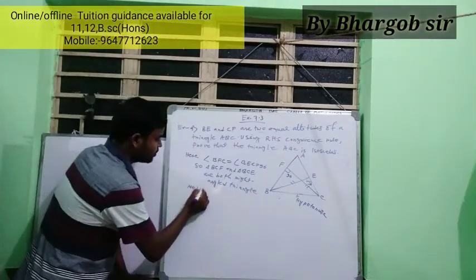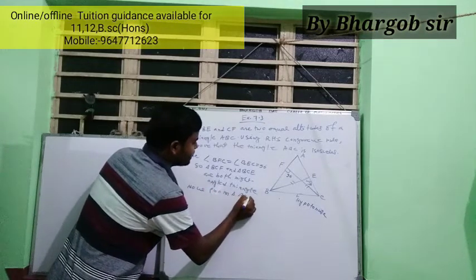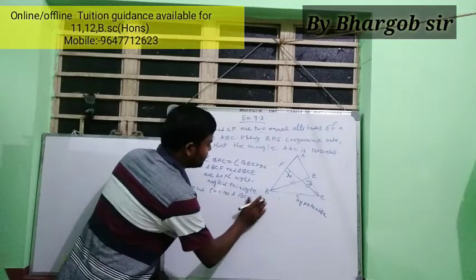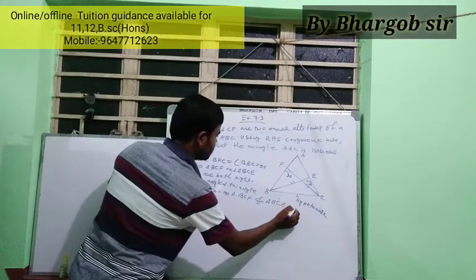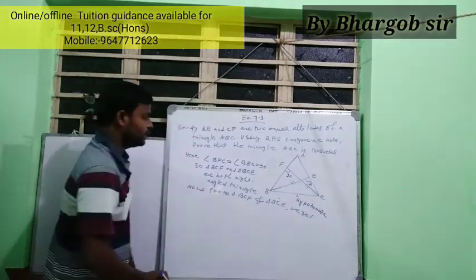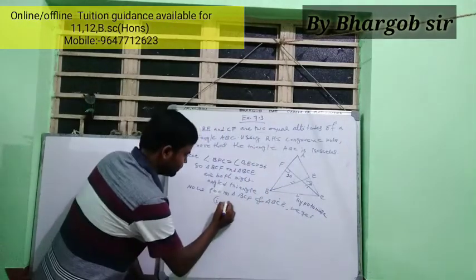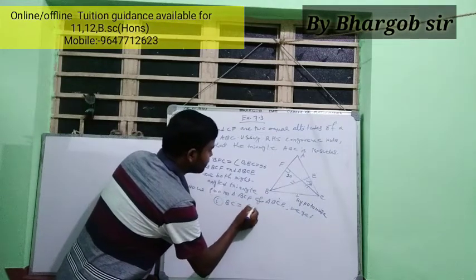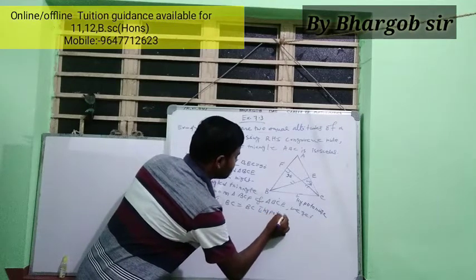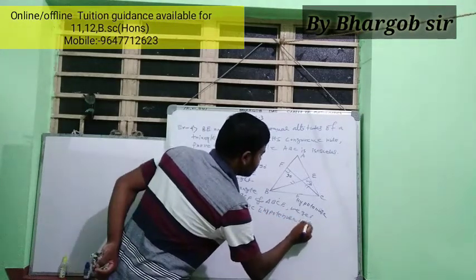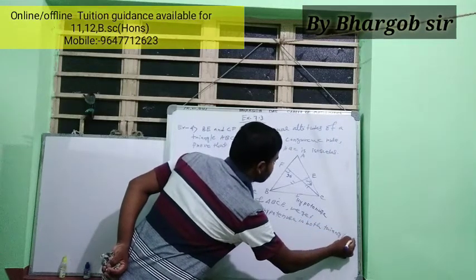Now from triangle BCF and triangle BCE, we get number 1, BC equal to BC, hypotenuse in both triangles.